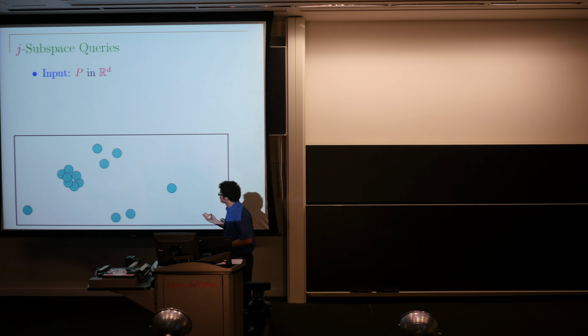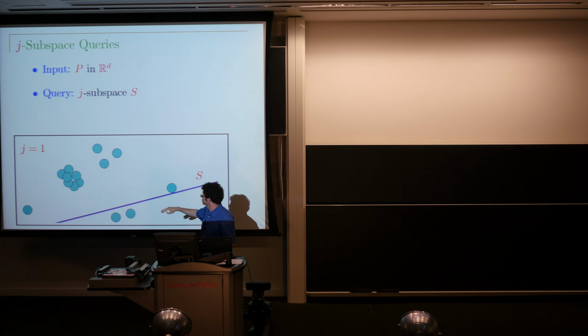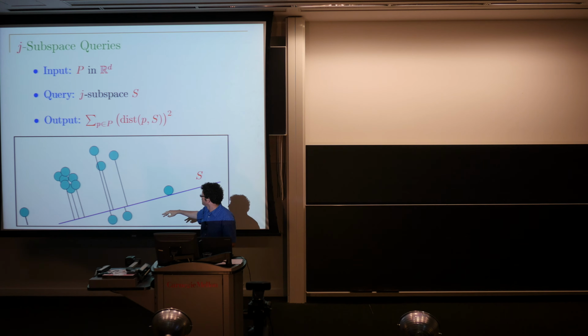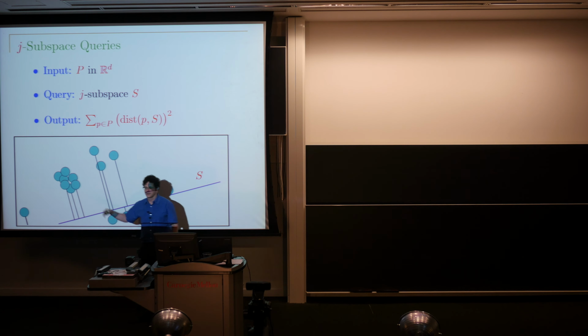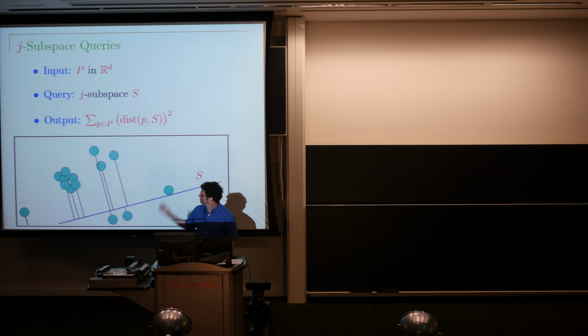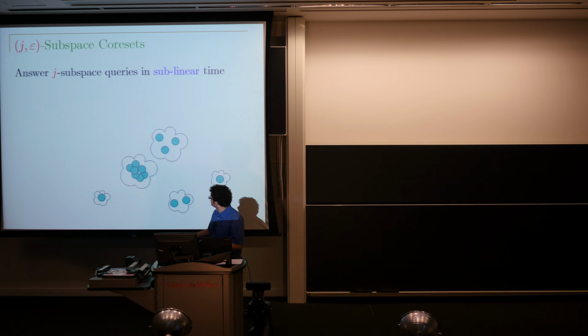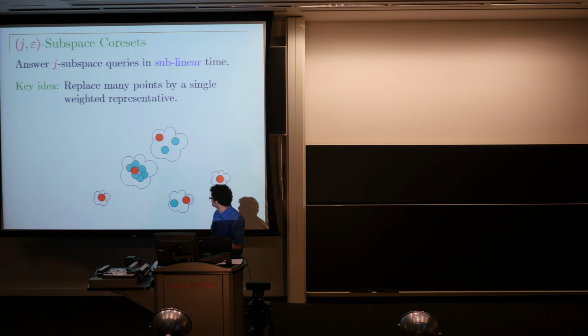In the context of coresets, if you want coresets for this problem, again, the input is points, the query is just a j-subspace, and you want to approximate the sum of square distances to every such j-subspace. So again: input, query, and cost function. The coreset is almost the same. Now we just select weighted points.